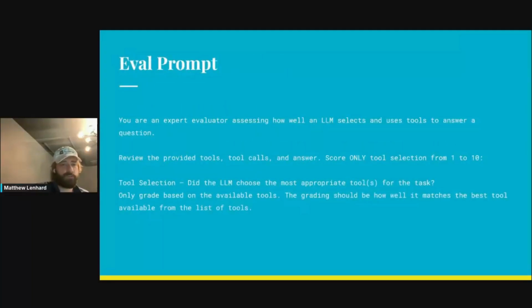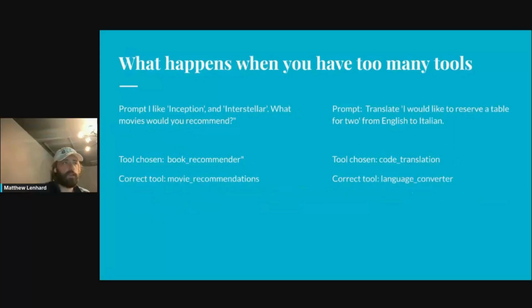The judge prompt is pretty straightforward, your standard LLM as a judge. It looks at the tool call that came back and grades whether the right tool was selected, basically returning an integer.